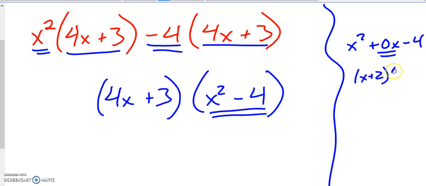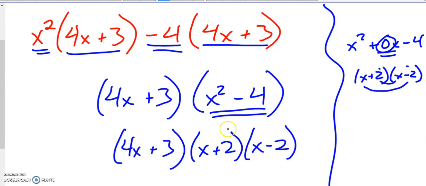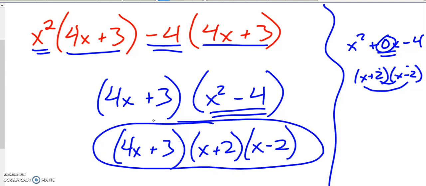So x plus 2 and x minus 2, because negative 2x and positive 2x add to 0, but 2 times negative 2 gives me the negative 4. So that's the shortcut for the difference of 2 squares. So anytime you have 2 squares being subtracted, you can just take the roots of the first and the second number and then give them opposite signs, and now we are factored.